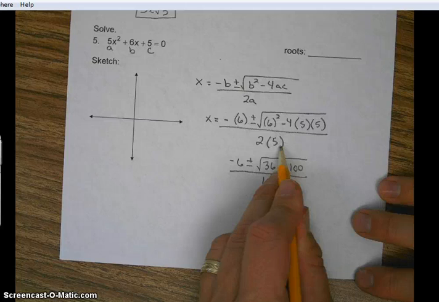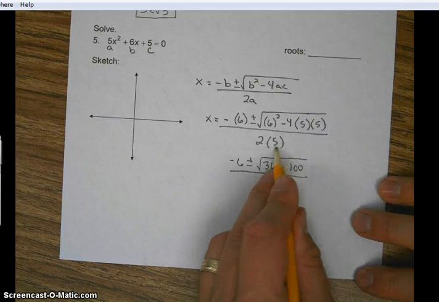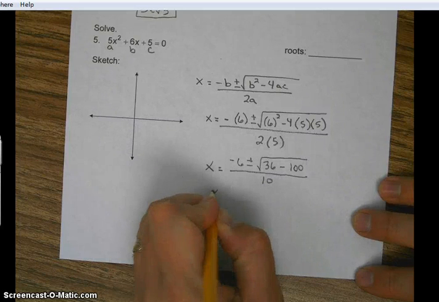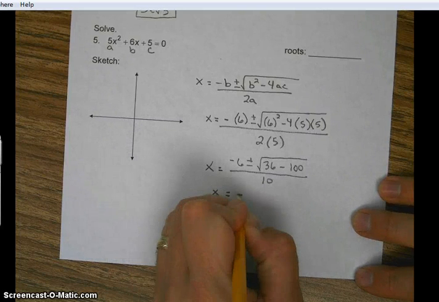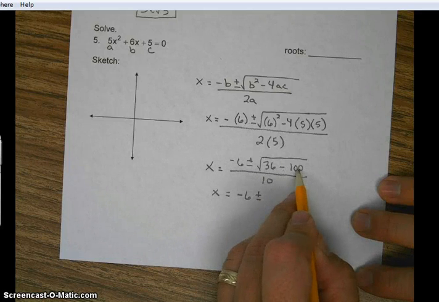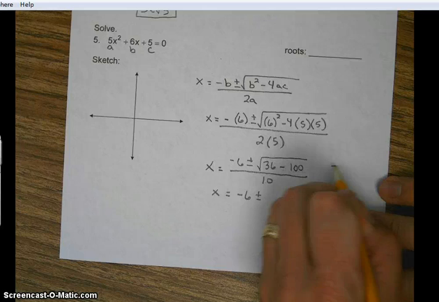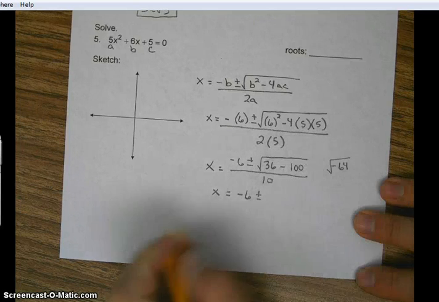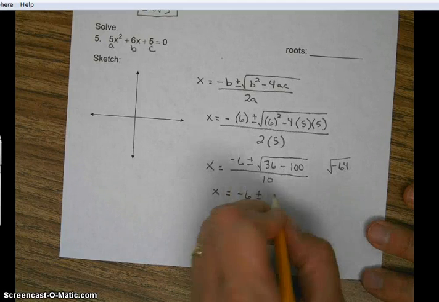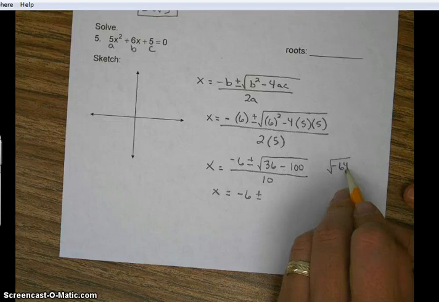There were a couple of people last semester who forgot the denominator. Okay. Continuing to simplify. 36 minus 100 is -64. So that's going to convert to an i. And 8 times 8 is 64, so 8i.